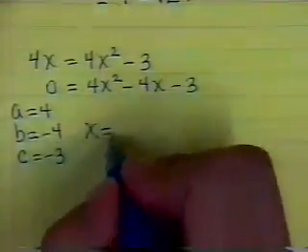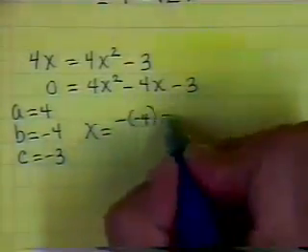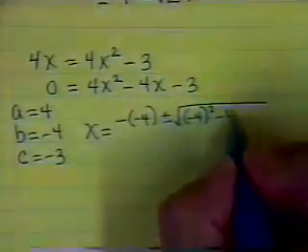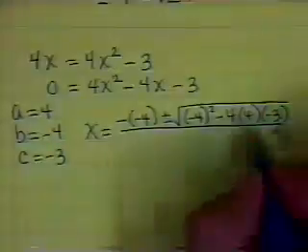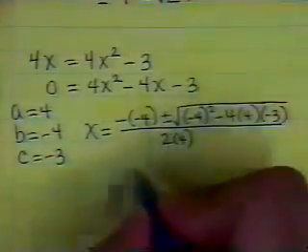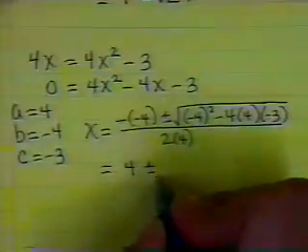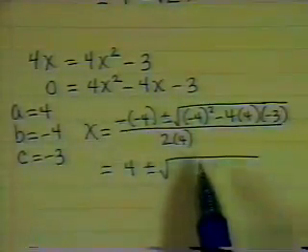And so we'll plug into our quadratic formula: minus whatever b is, plus or minus the square root of b squared minus 4ac all over 2 times a. Minus a minus 4 is positive 4. And again, we'll clean up this radical here.